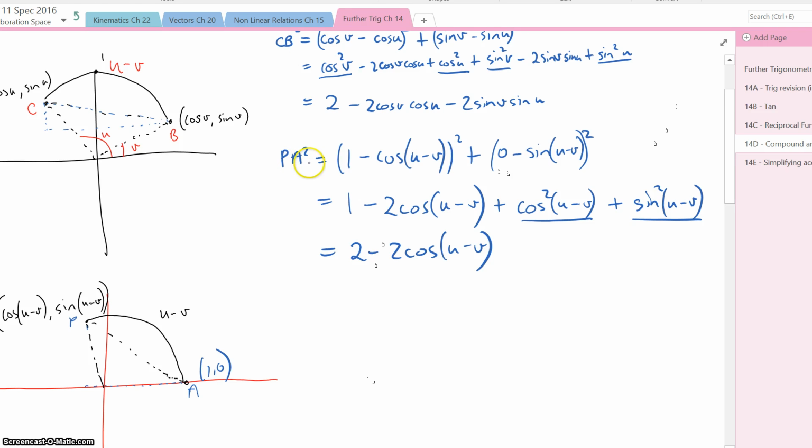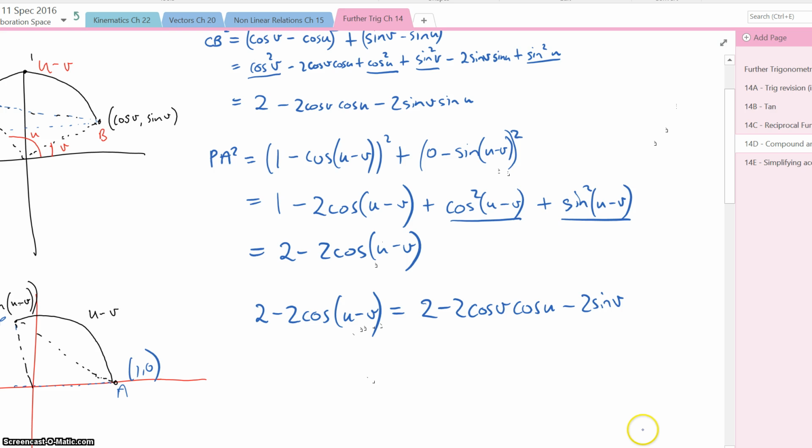So I'm going to make PA squared equal CB squared. So I get 2 minus 2 cos(u minus v) equals 2 minus 2 cos v cos u minus 2 sin v sin u.